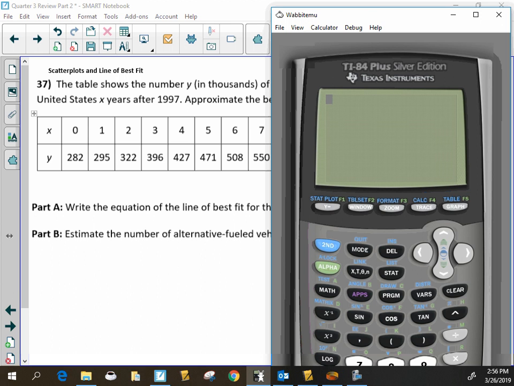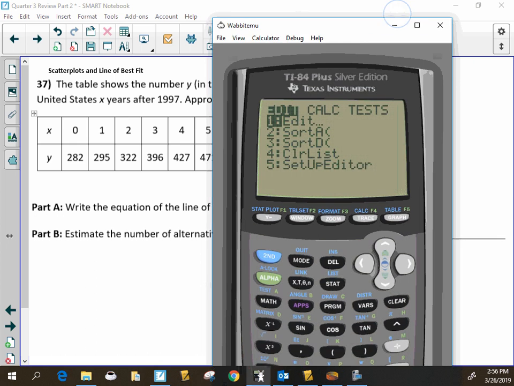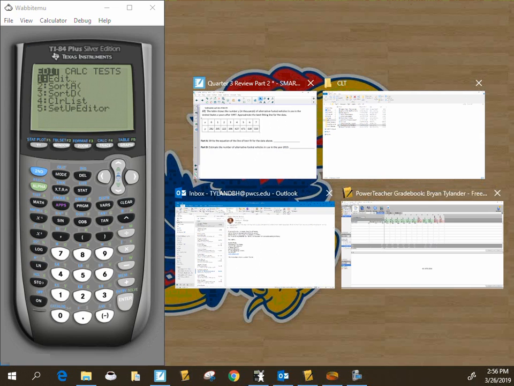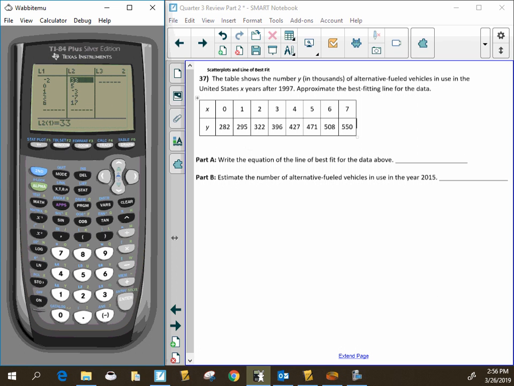And so what we need to do is we need to do stat. And I guess I am going to have to come over here, get it to fit. There we go. So stat, edit. I already have some data in there, so I'm going to clear it out. And so we're just going to plug in the data.